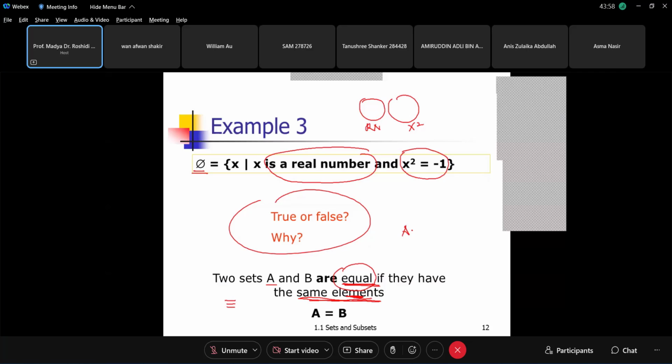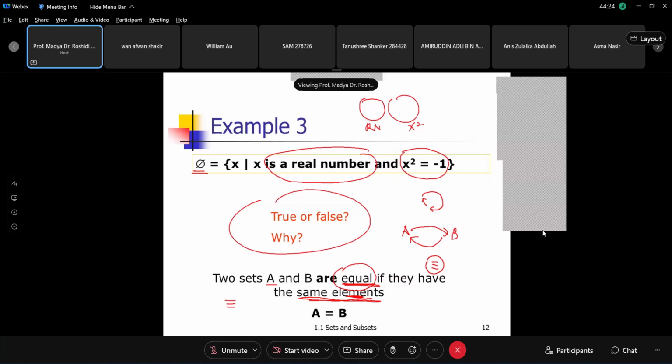Equal means A equals B. If we talk about this symbol, it means A equals B, and exactly B also equals A, and they are like each other. So we say equivalent.